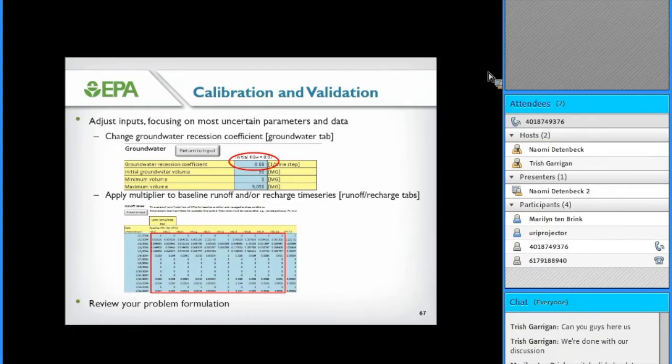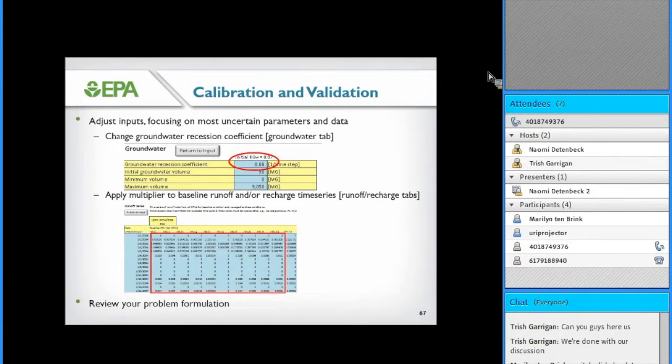You can also adjust, because you might have transferred information from the bigger watershed, in our case study example, the Sudbury watershed. You've transferred baseline and runoff from that location and applied it in a different location. It may reflect precip data that's not representative of your location if the weather station is located far away. So another place where adjustments may be made to the input data is the baseline runoff and recharge.